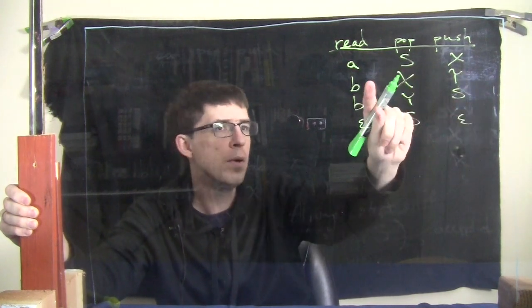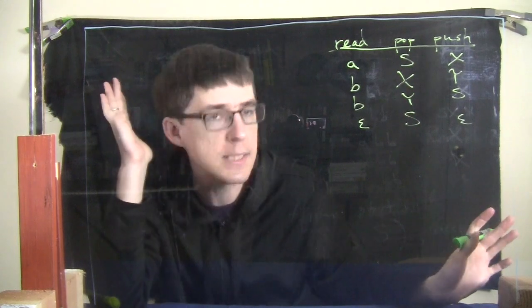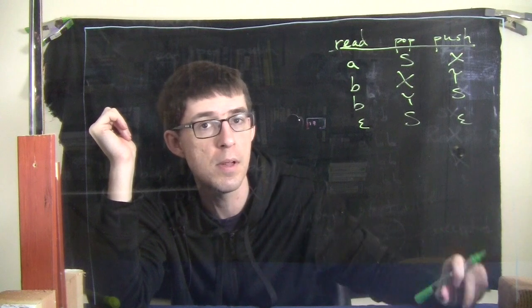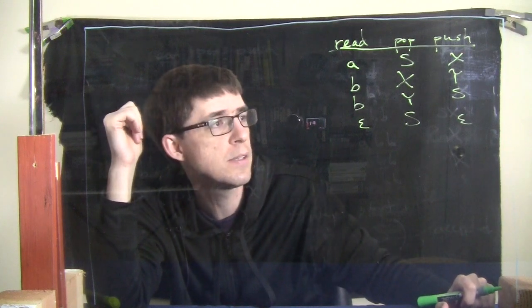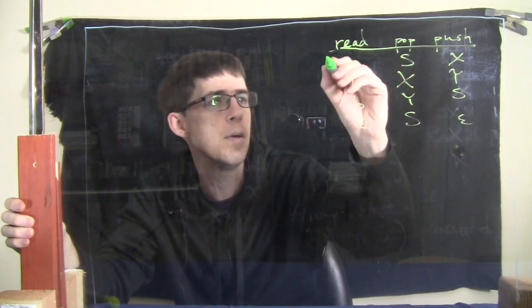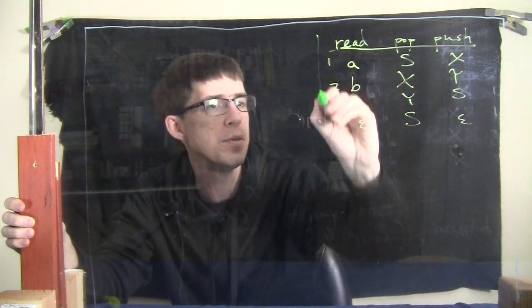I hope you don't mind that I have two different rows with a read B on them. That's going to happen. It just means that if you want to read a B, you have 2 possible things you could do. No big deal. Let's give numbers to these: rules 1, 2, 3, 4.